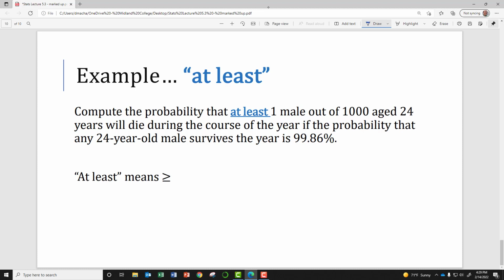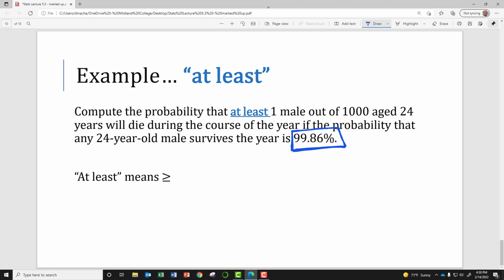And that's really wordy, very verbose. So let me just point out a few things. If you were just looking at one 24-year-old male, the percentage chance that they're going to survive until this time next year is 99.86%.